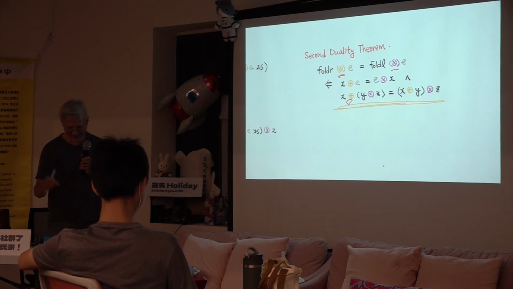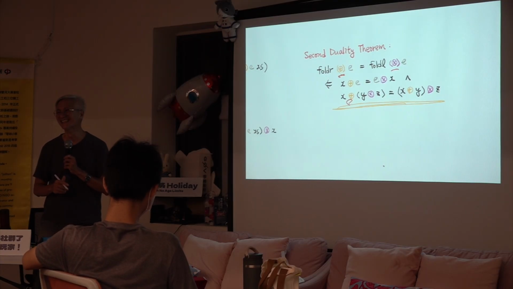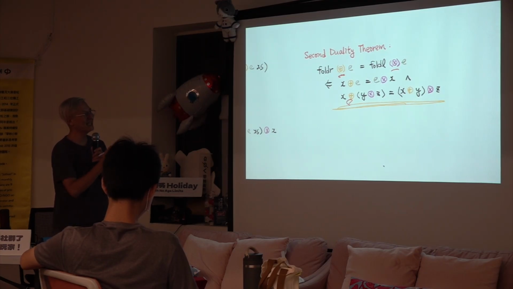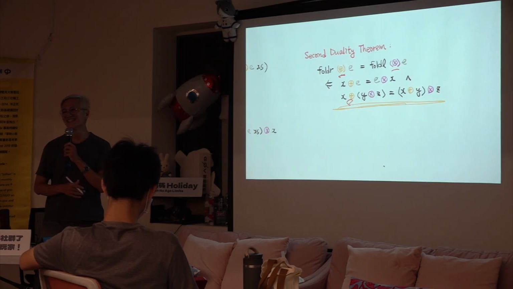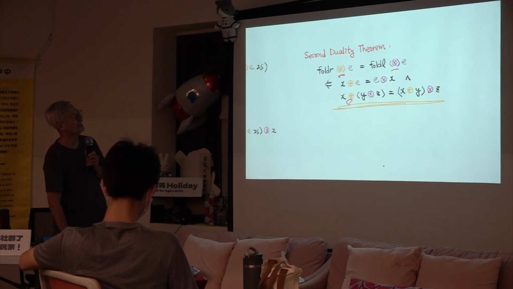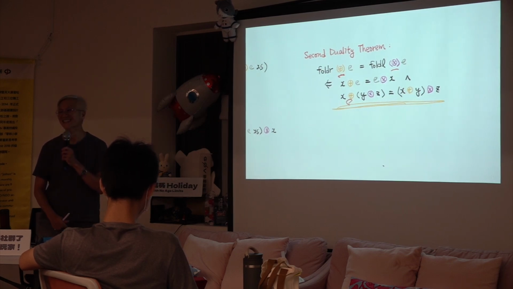The second duality is this. I think the first is probably related to... Oh, I forgot. I need to check. But anyway, it's something related to both rights and both lefts. And what else is more important about both right and both left? I don't know.